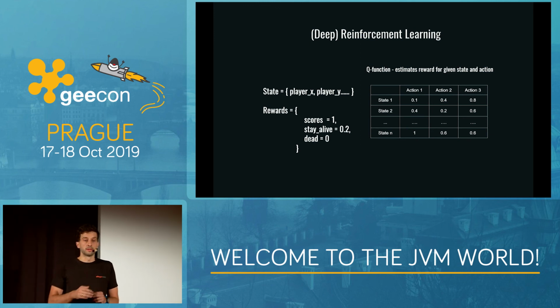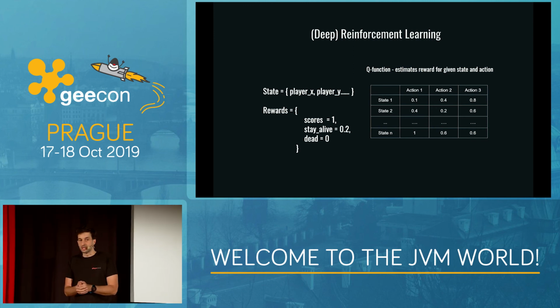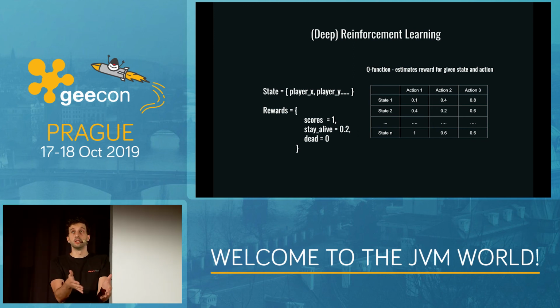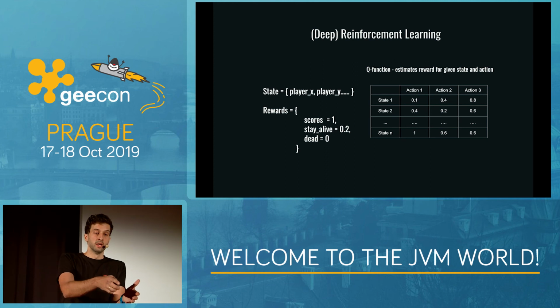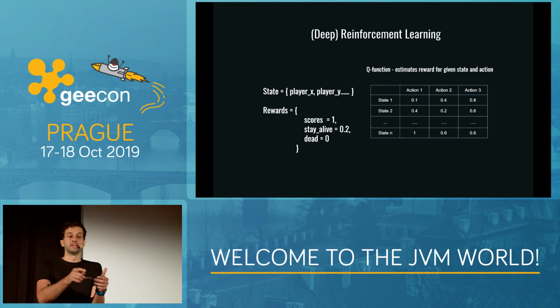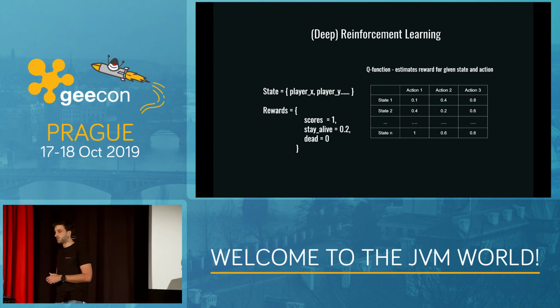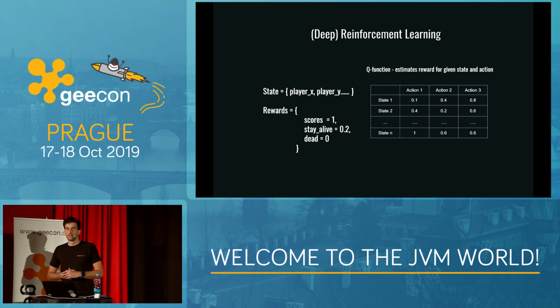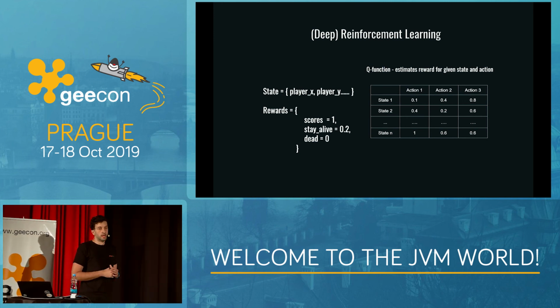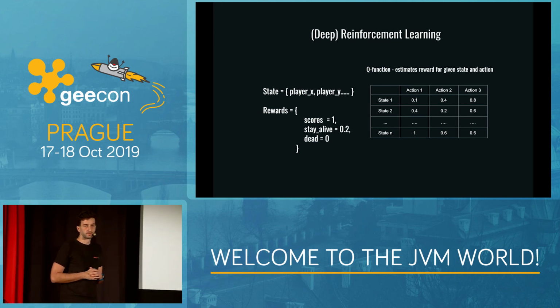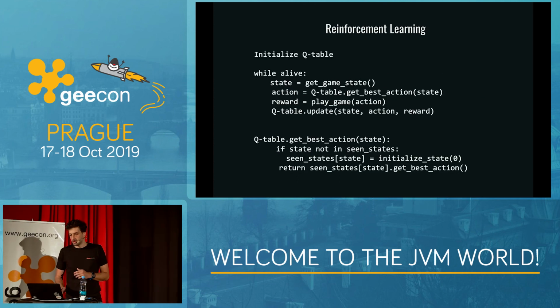You can imagine that as a lookup table, as you see here. For a given state and a given action, we are estimating that it will give us the reward as is written here. It also can be the probability of getting the positive reward.